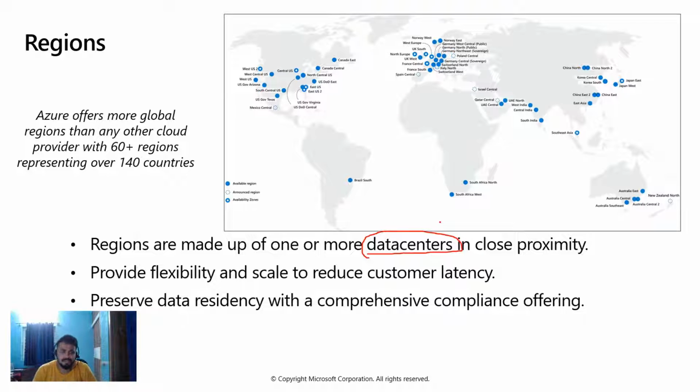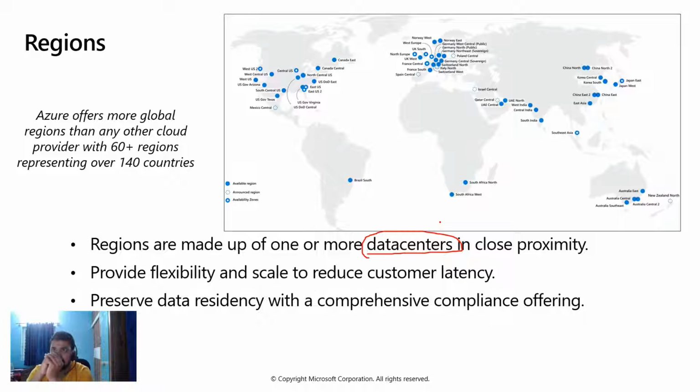What does this mean? Say in Bangalore I have probably three data centers. In Bangalore there are some good areas like Koramangala, Electronic City, and Whitefield, so I have my data centers in three places as Microsoft. Similarly in Chennai I have three more data centers, and in Hyderabad three more.